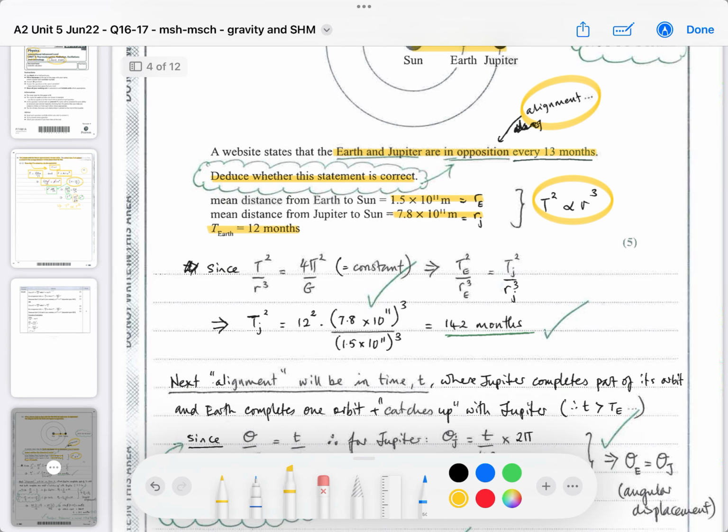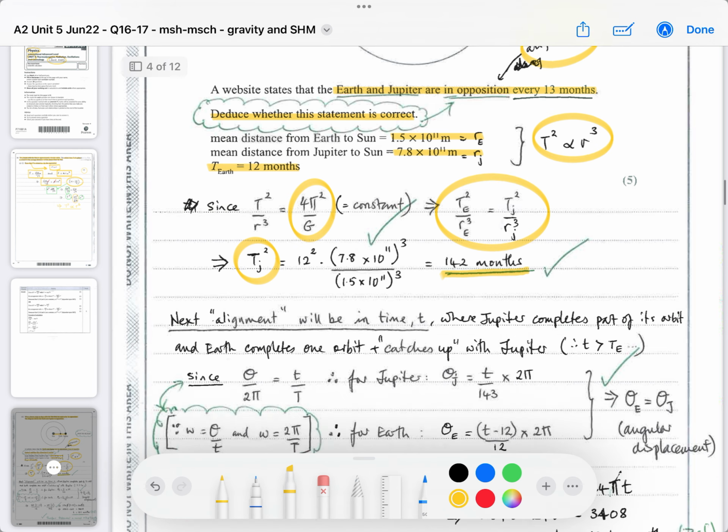We can use our mathematical knowledge to come up with the ratios, because remember, T squared over r cubed will give you a constant, as we just did in part A. So you can just do the ratios of the T squared to r cubed for each planet, as I've shown in the line, and you just want to work out the time period for Jupiter. According to the examiner, that comes to 142 months.